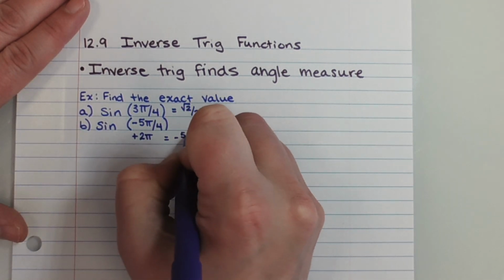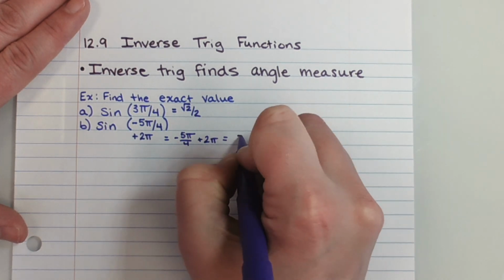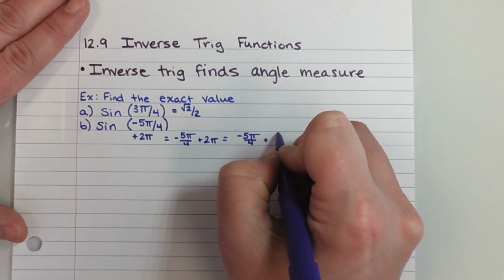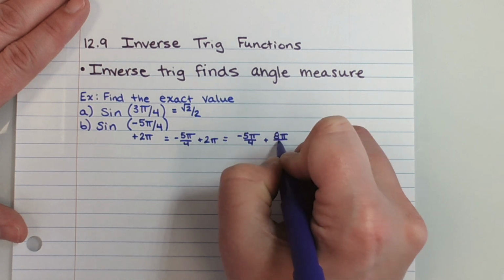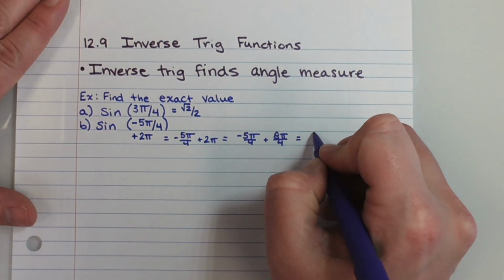Negative 5 pi over 4 plus 2 pi is like negative 5 pi over 4 plus 8 pi over 4. Just got a common denominator because 2 pi was over 1, so I multiplied both top and the bottom by 4, and I get 3 pi over 4.